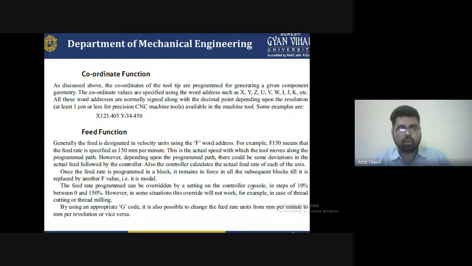However, depending upon the programmed path, there could be some deviations in the actual feed followed by the controller, and the controller also calculates the actual feed rate of each of the systems. So these are some reasons to be calculated by this.